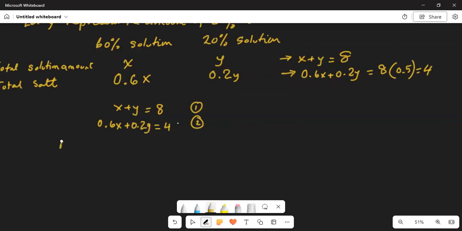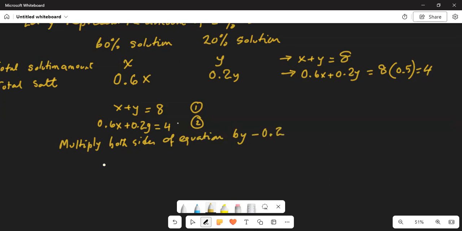So multiply both sides of equation 1 by minus 0.2.